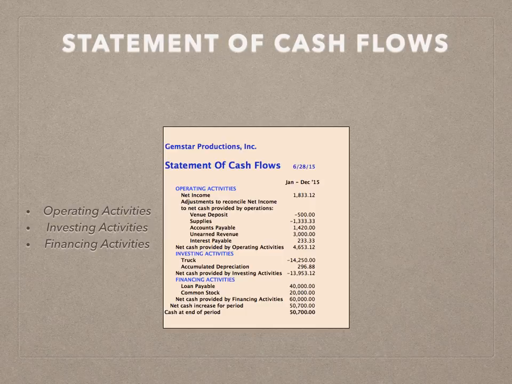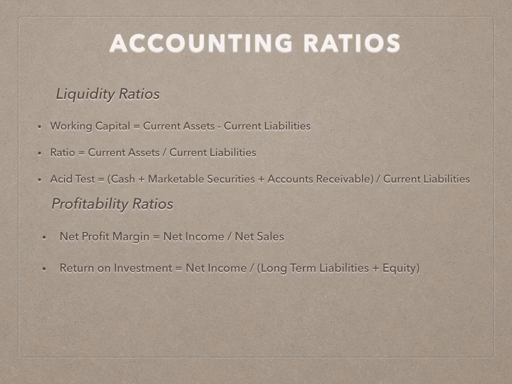This is a more detailed aspect of how the company is independently handling different activities. We have operating activities, we have investing activities, and we have financing activities. As we can see, for example, in investing activities, we have a truck, which is an asset that can be seen as an investing activity because of the future usage within the company.